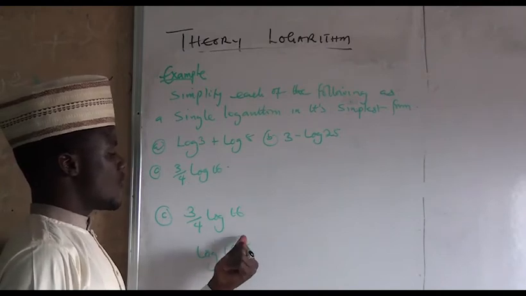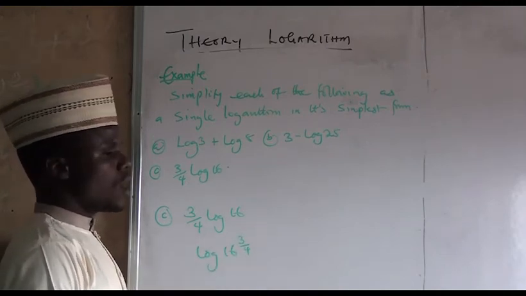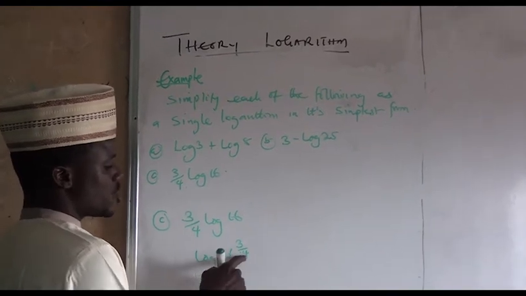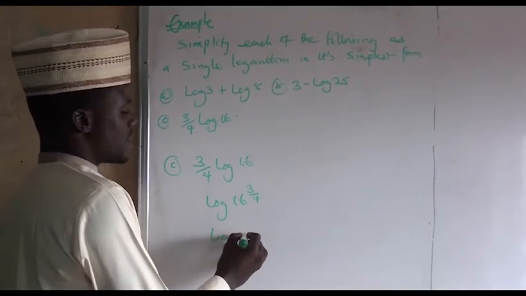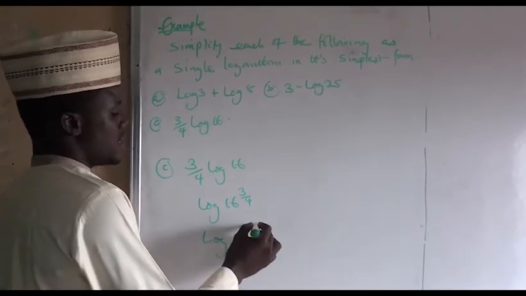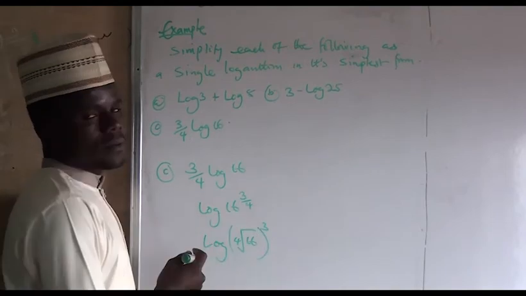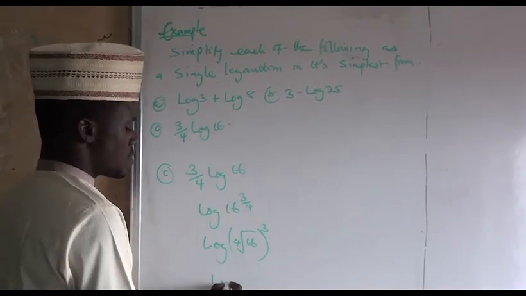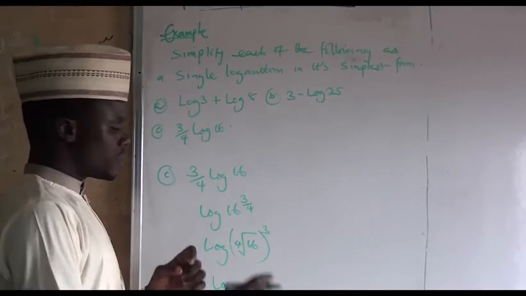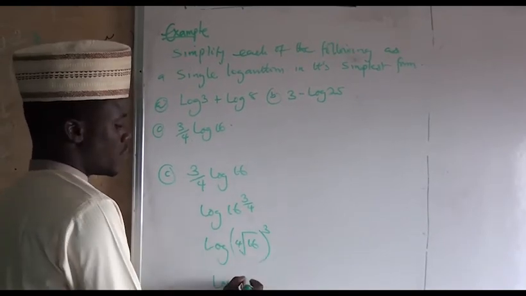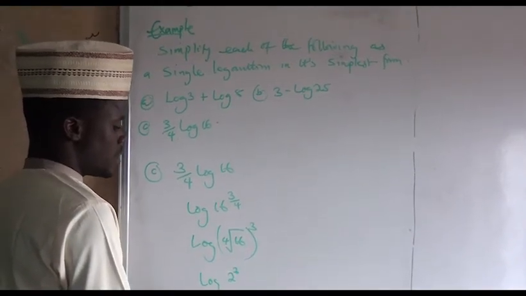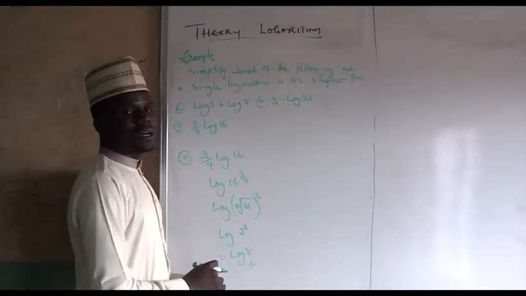Mark you, if you can recall, this power of 3 over 4 is the same thing as first the fourth root of 16, then to the power of 3. The fourth root of 16 is 2, because 2 times 2 times 2 times 2, up to 4 times, will give us 16. So here we say 2 to the power of 3. So lastly we can say log 8. And that is the answer.